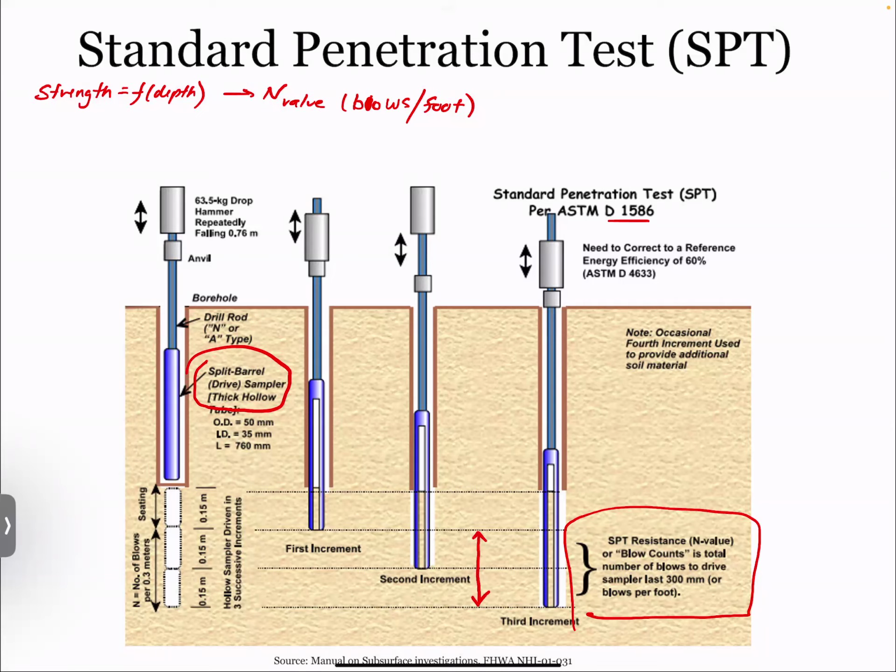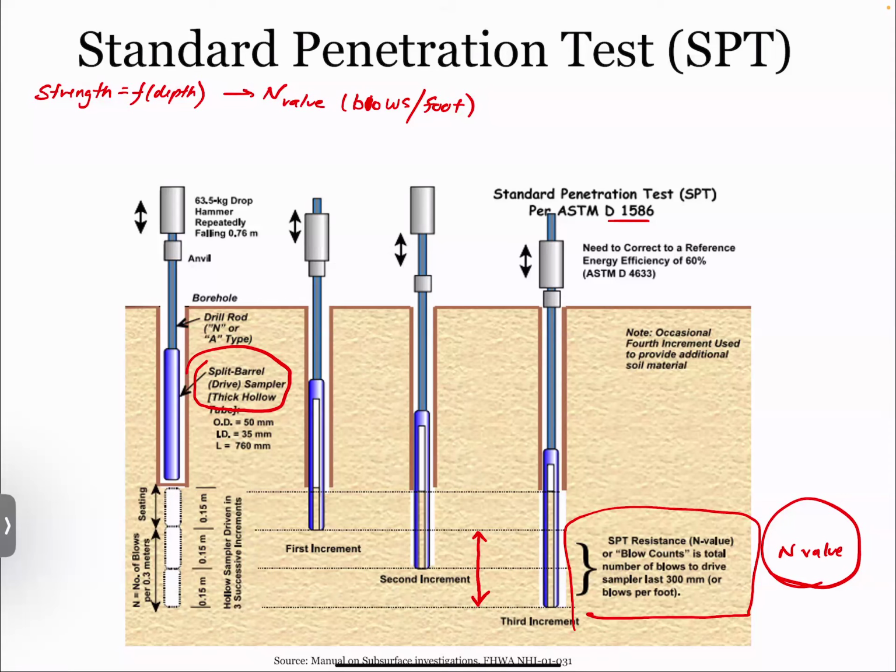And that is our N value of our soil. You do this way before pile driving, but yeah, it's correlated to pile driving, which is helpful. So remember, the N value is the summation of the second and the third increment.